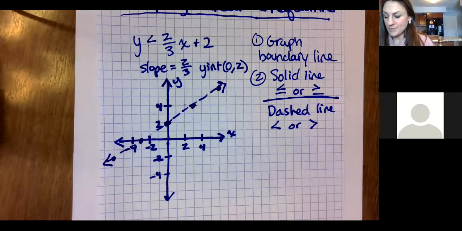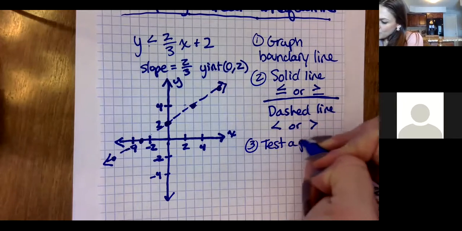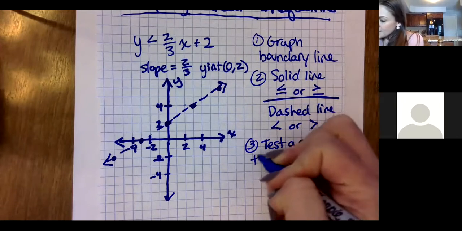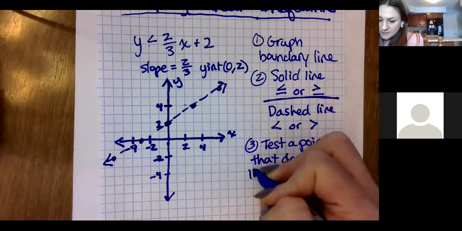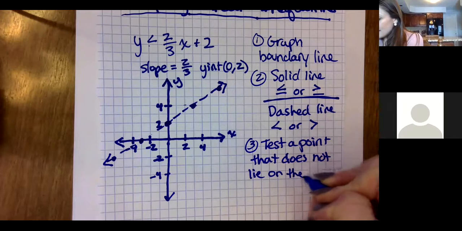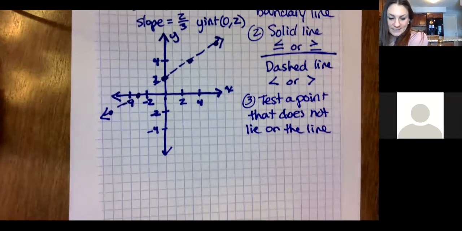The next step is to test a point that does not lie on the line. So I'm going to go ahead and test 0, 0.